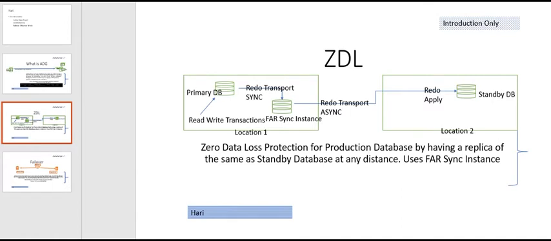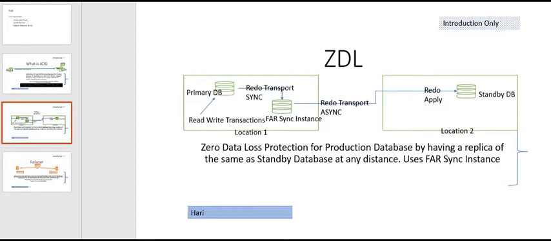When redo is transported in sync mode, for each redo that is being transported to the far sync, the primary will receive an acknowledgement saying that the redo is received.